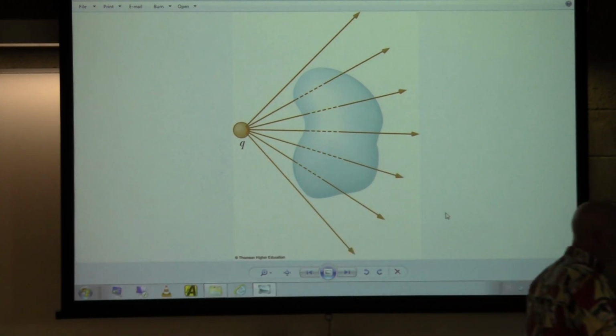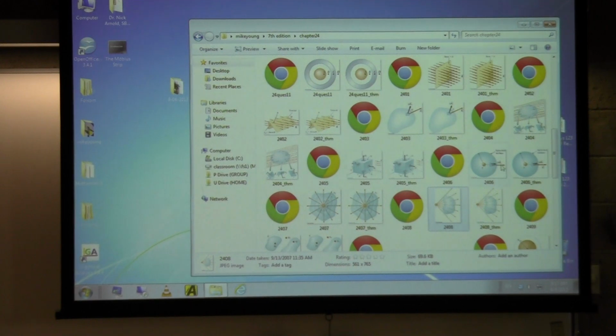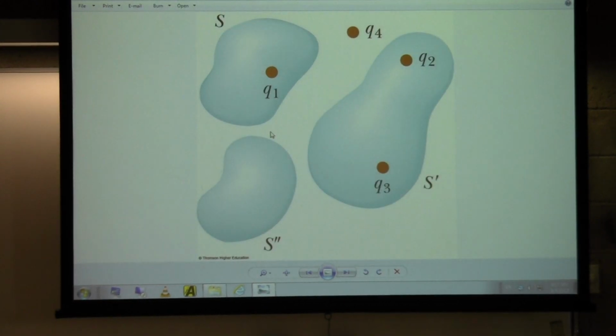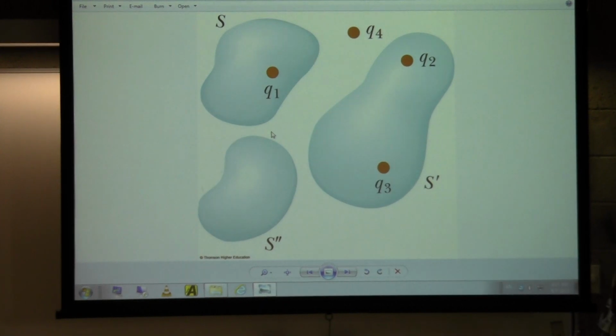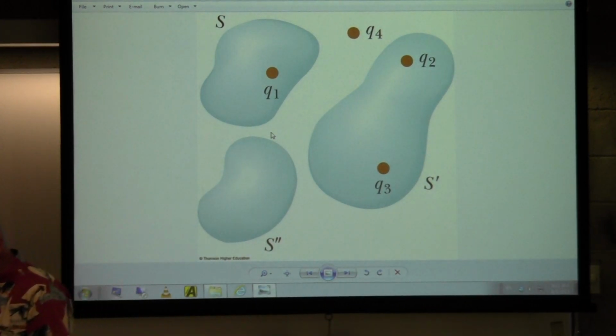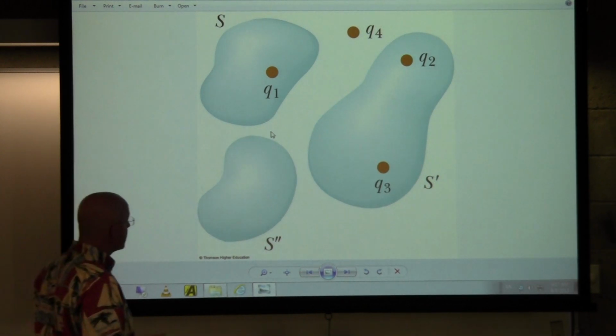And so you're seeing a very important point that Gauss saw, that the only way you are going to get a non-zero number is if there is some charge inside of that surface. Here is a picture that they don't even show you the lines of flux, but they do say you have some charges.